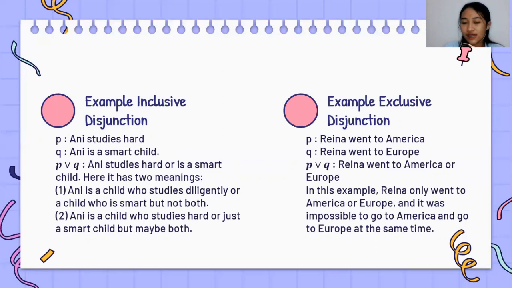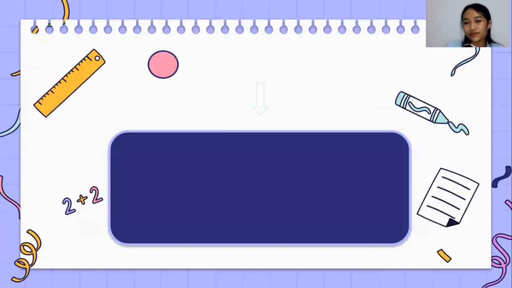Example of exclusive disjunction. P is Reina went to America and Q is Reina went to Europe. The proposition P or Q, Reina went to America or Europe. In this example, Reina only went to Europe or America, and it was impossible to go to America and Europe at the same time.